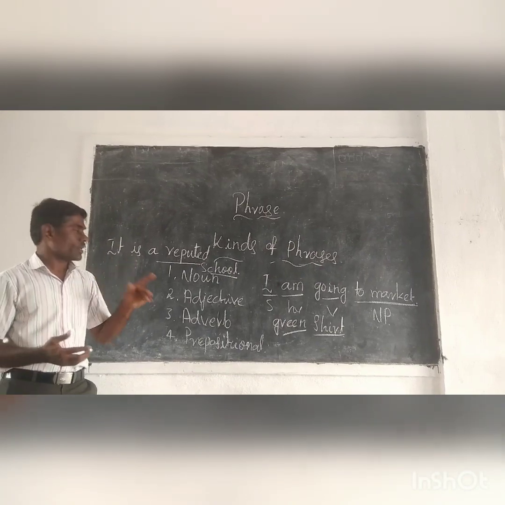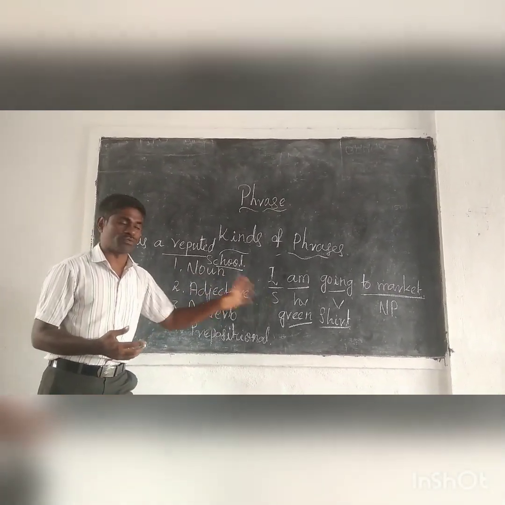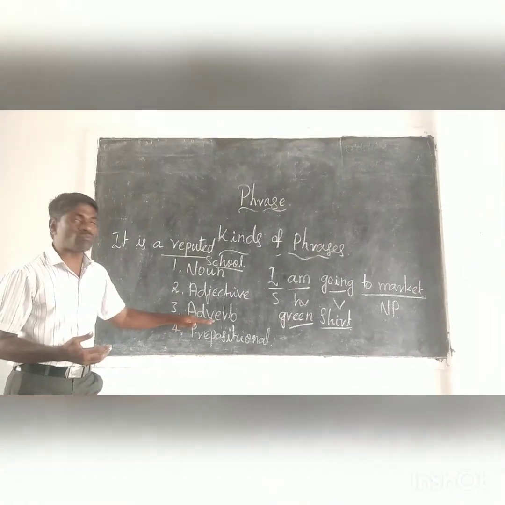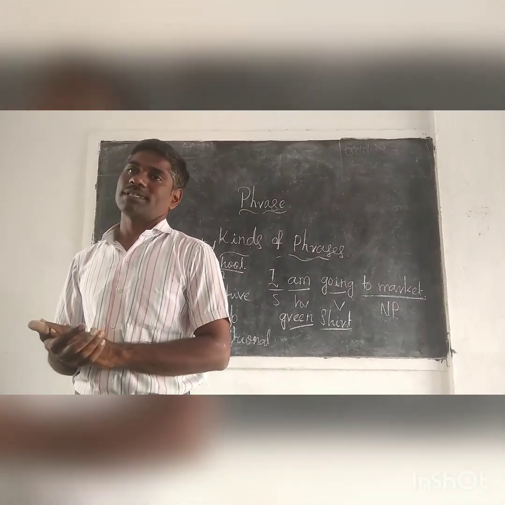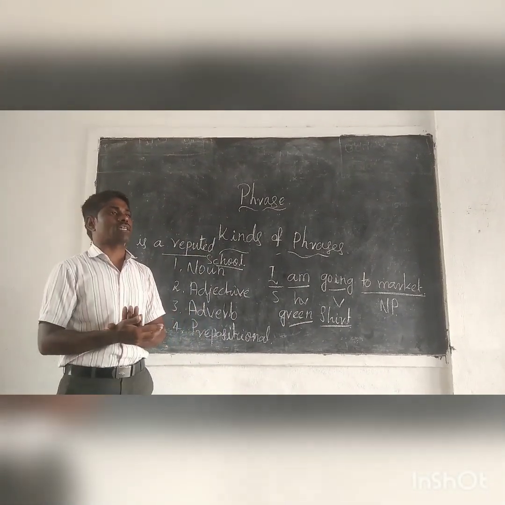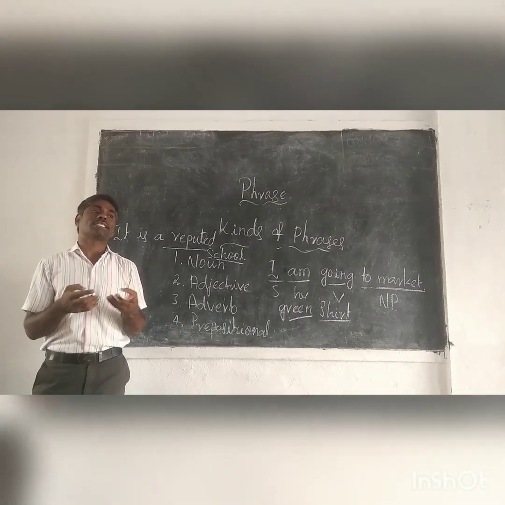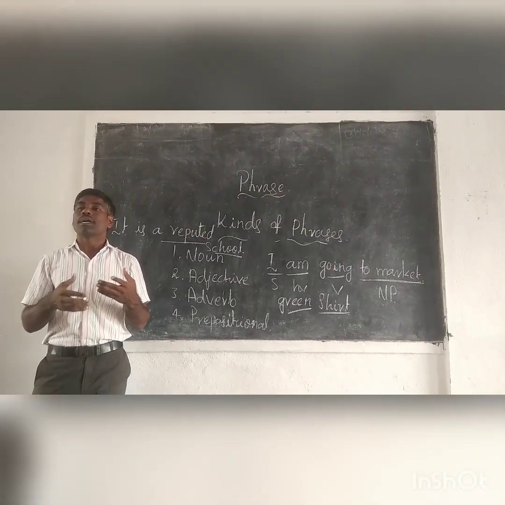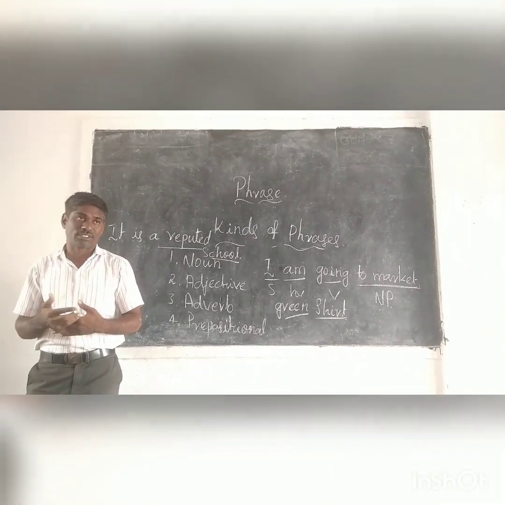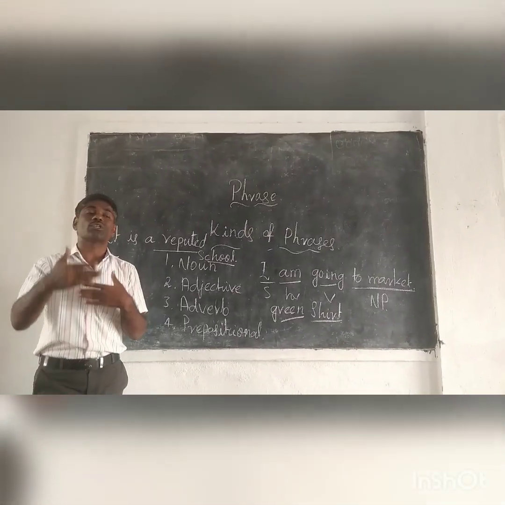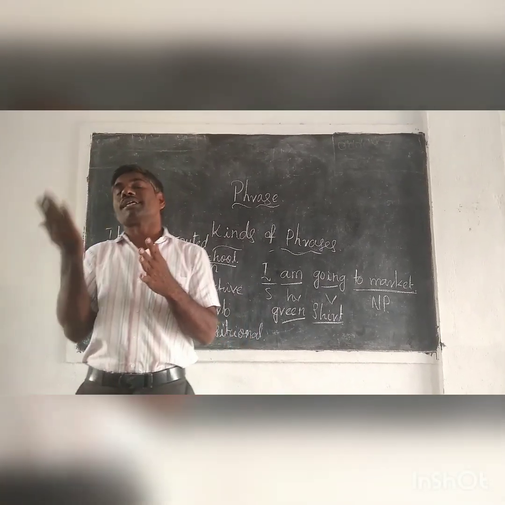So I hope now you are clear about the noun phrase and the adjective phrase. We can move to another kind of phrase, that is the adverb phrase. Adverb means what does it do to the subject, where it's going on, or how it qualifies the verb.